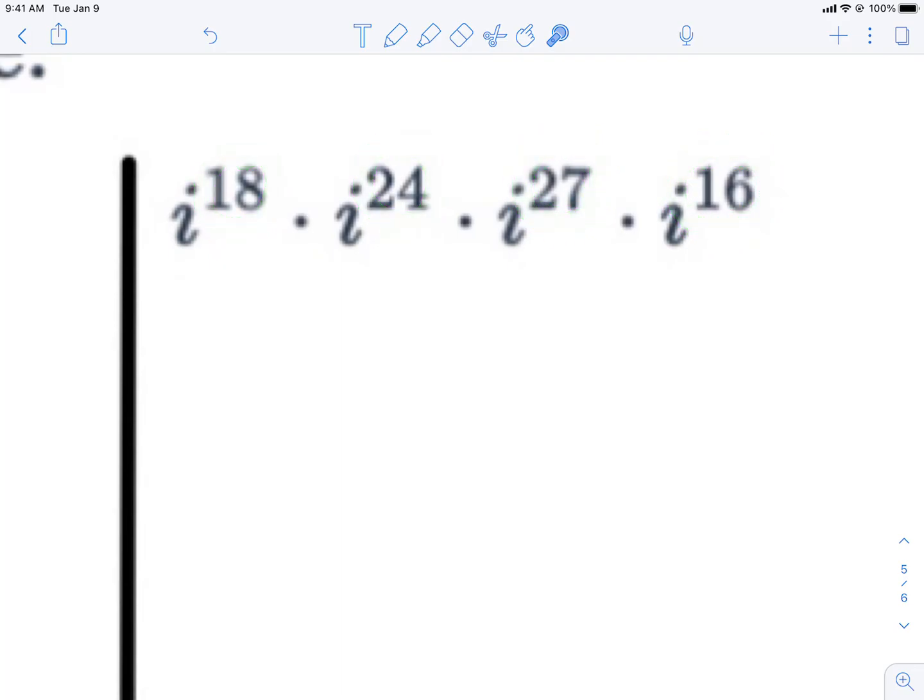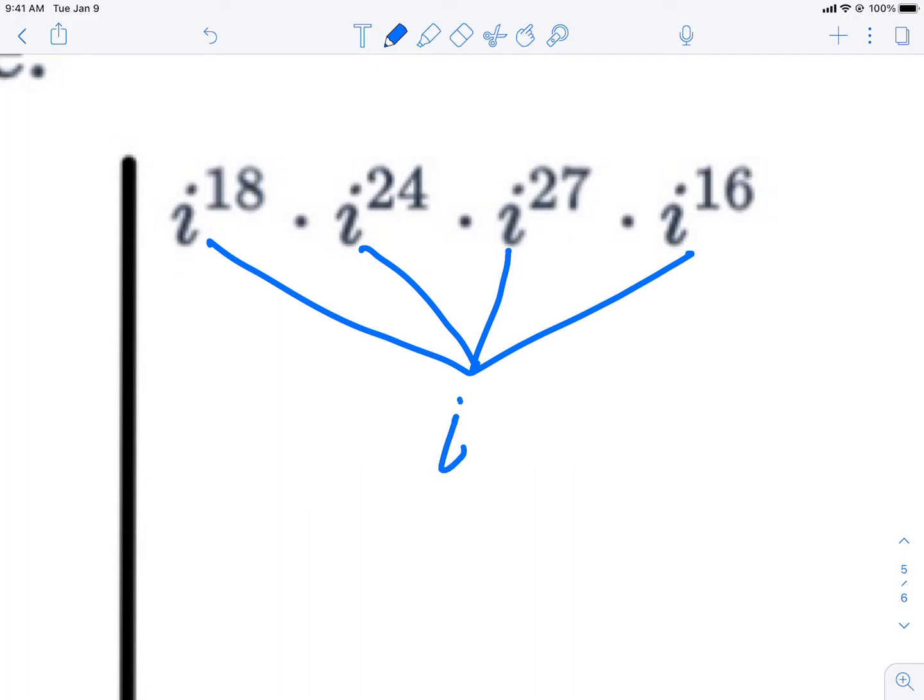So I'm going to do it on my calculator here. 18 plus 24 plus 27 plus 16 is equal to 85. So these 4 i's gave me I to the 85th power.